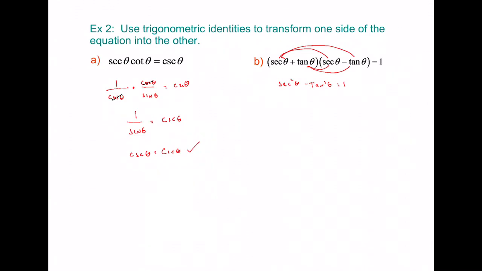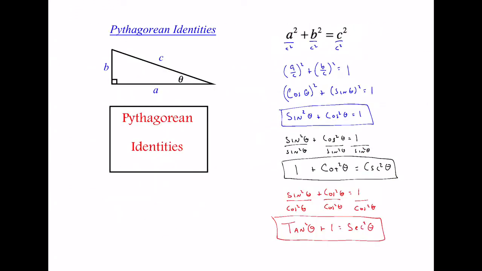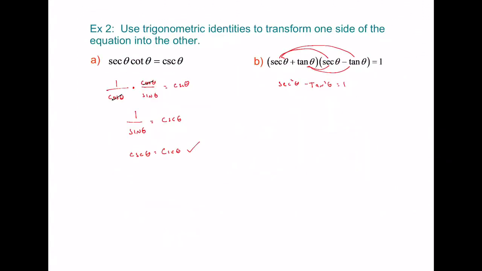Let's actually go back to our Pythagorean identities, and you'll see right here secant and tangent squared are in there, but not written the way that we see. So I'm going to go back, and the identity is tangent squared of theta plus 1 is equal to secant squared of theta.